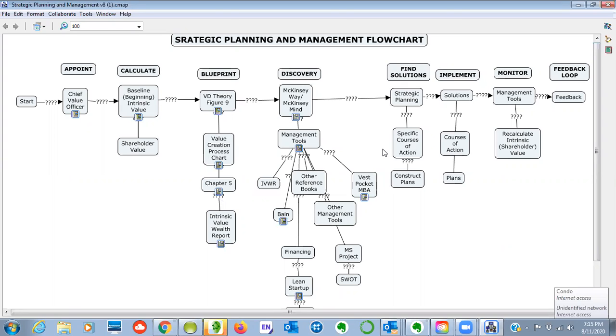So now you go into the next four stages. We're transitioning from strategic planning to strategic management, but we're really trying to find solutions to what we've identified in the first four stages. That's where the strategic planning specifically comes in, and then we're trying to come up with specific courses of action and construct plans.